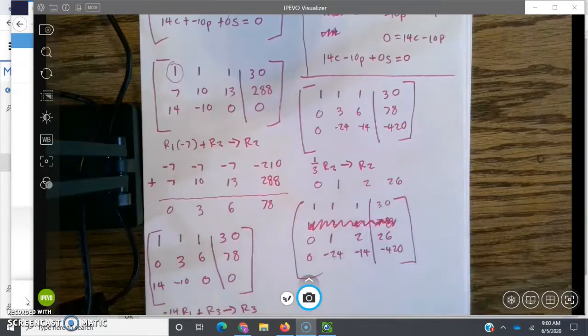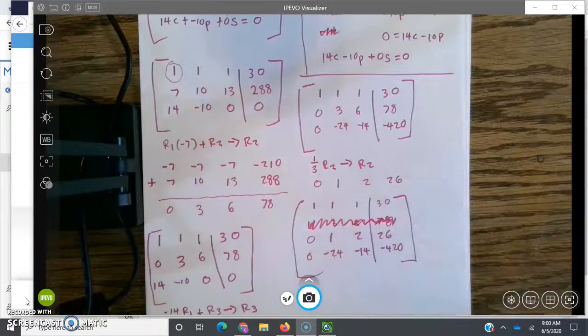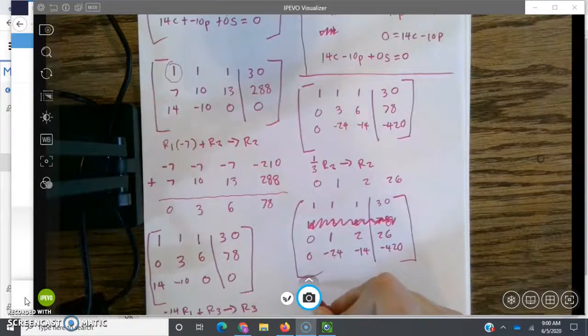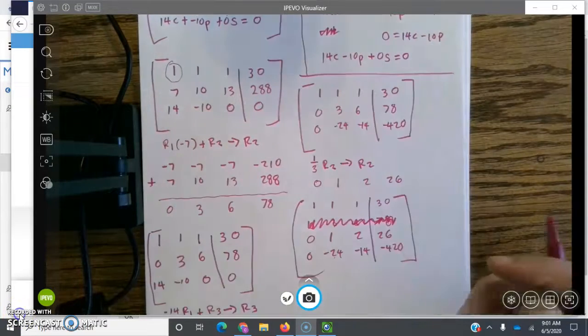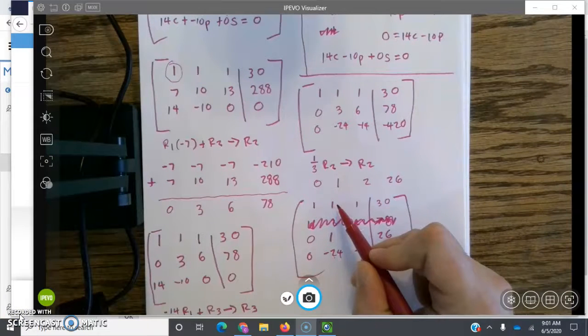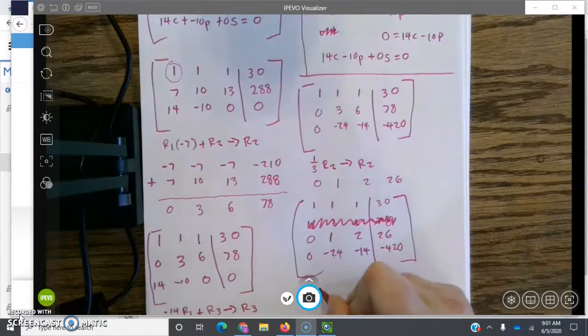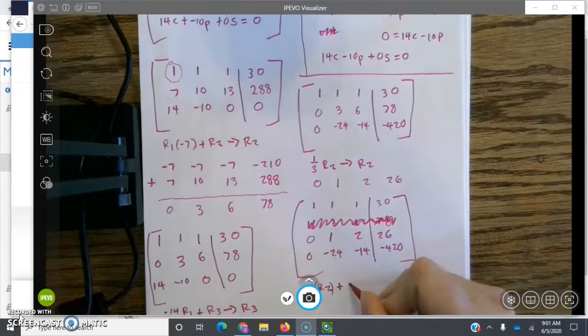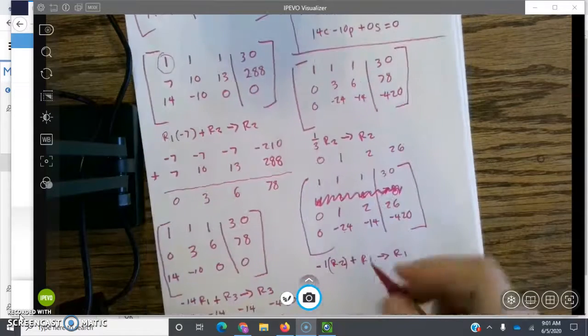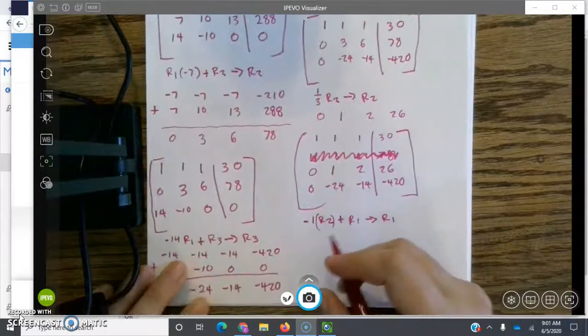Okay, so let's start on making this one a 0 here. To make this a 0, we are going to take -1 row 2 plus row 1 and put it in for row 1. So let's do the arithmetic here.